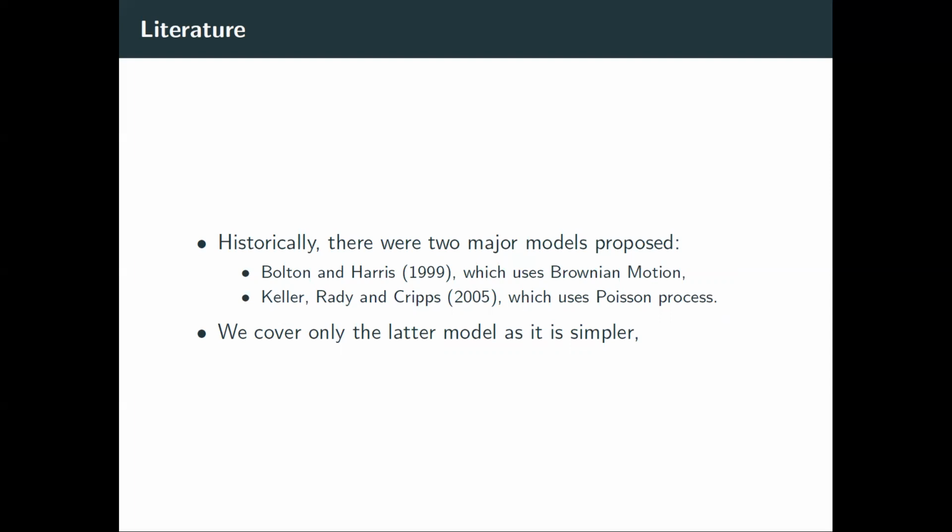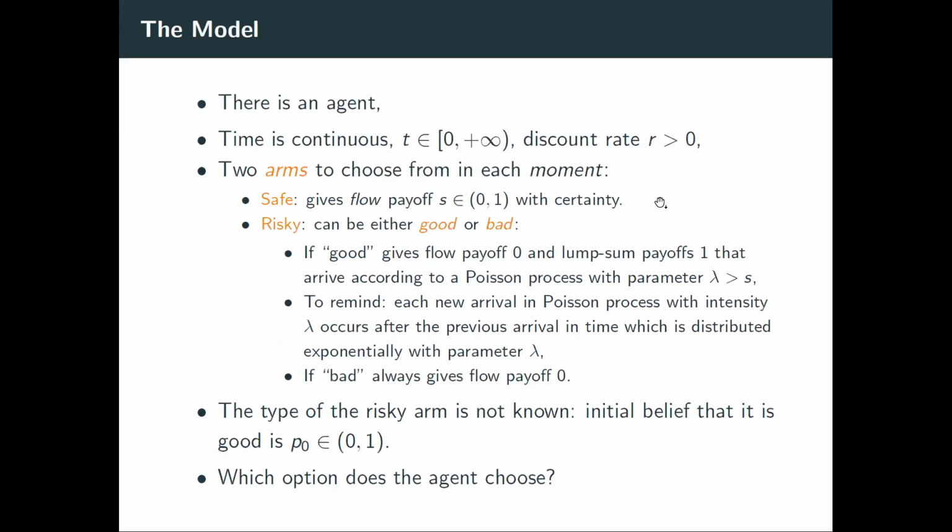And this model uses Poisson processes. So the model itself is the following. There will be a single agent. Also, the paper is more general than what I will tell you. It contains results for the single agent and for many agents as well, but we will study the baseline case with a single agent.